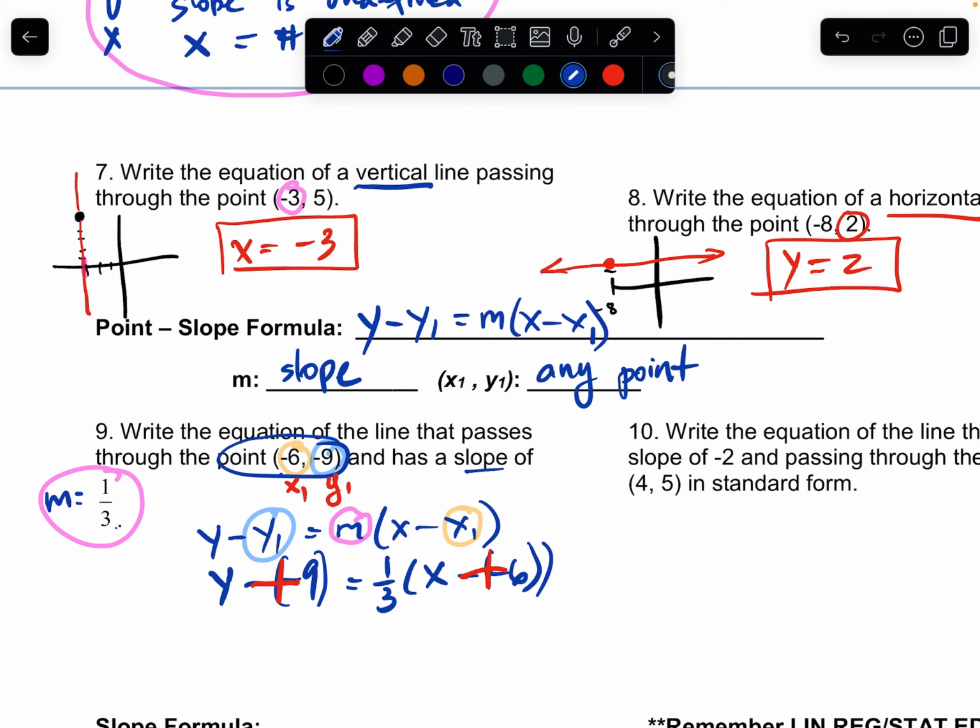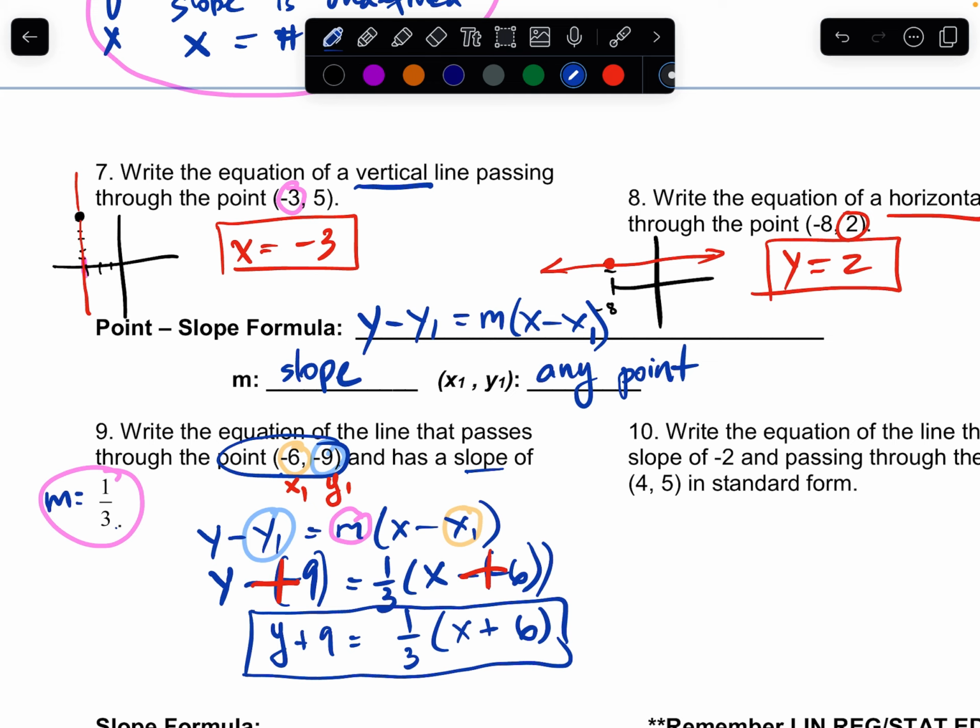So now we're at y plus 9 equals 1/3 x plus 6. That is my equation in point slope form.